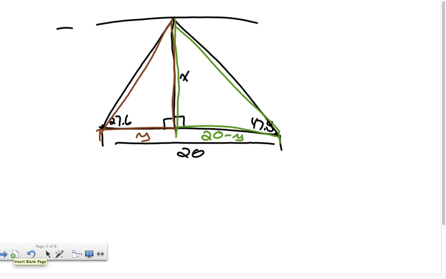Okay? So now if we go back and look at the red triangle, what two things do we sort of know about it? We know all the angles, and we know two sides. What is the relationship there between the angles and the sides? What relationship is there?